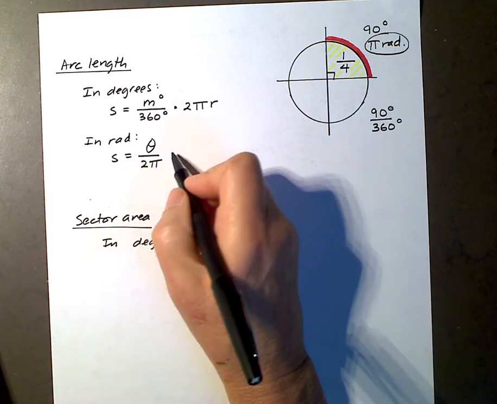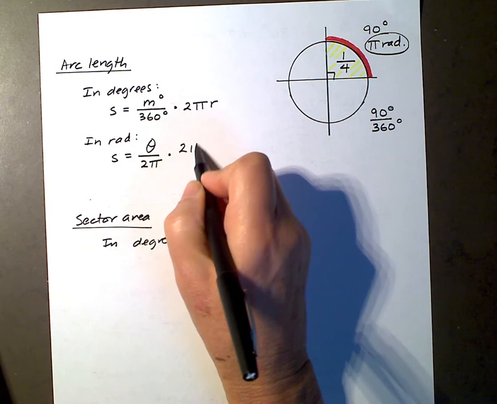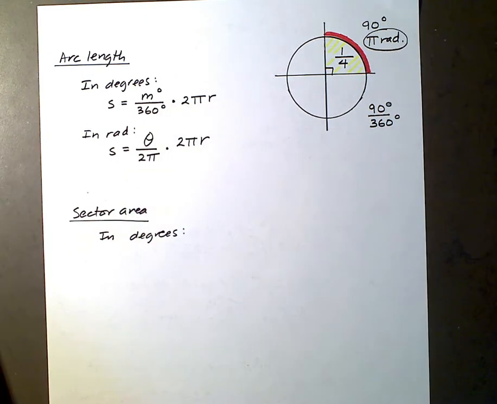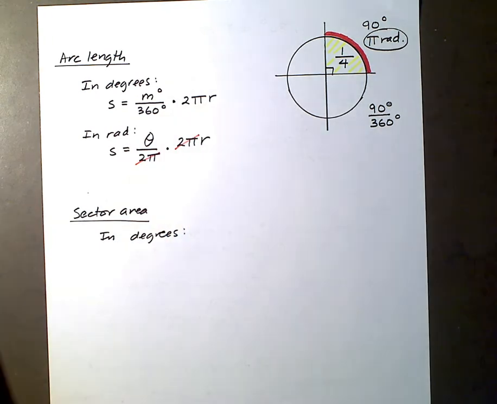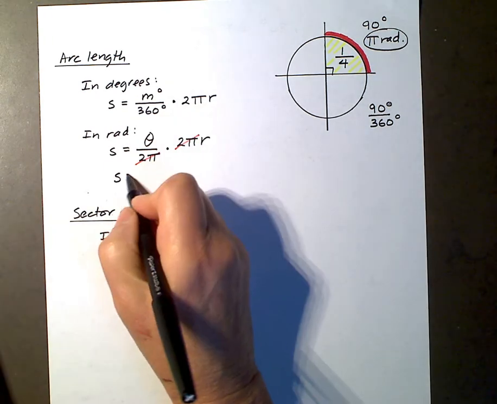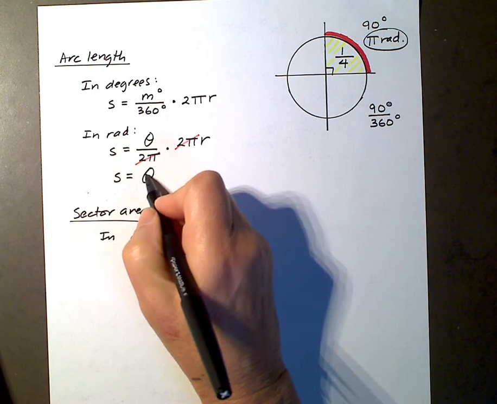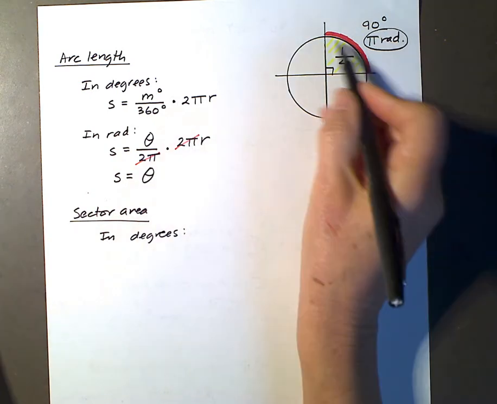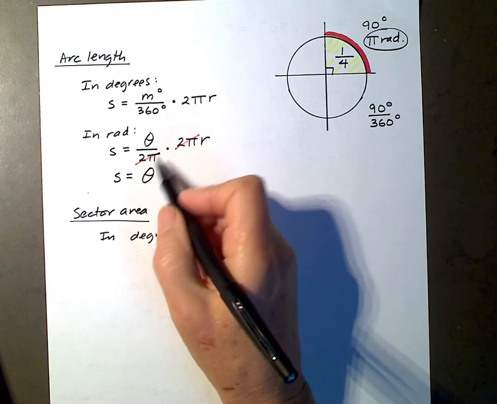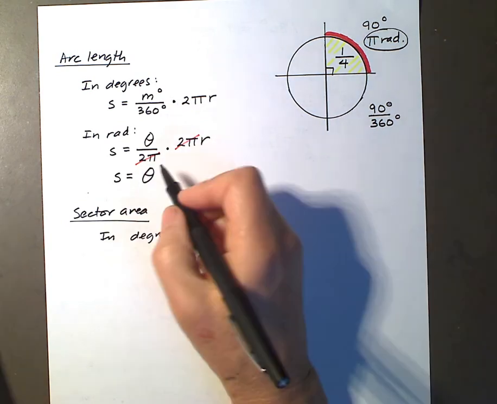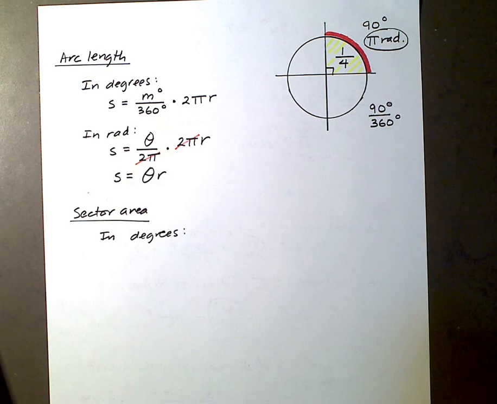And I would multiply that by 2 pi r. What happens nicely is that 2 pi and 2 pi cancel, so the formula in radians is just that this intercepted arc length, which we call S, is the angle measure in radians times the radius of the circle.